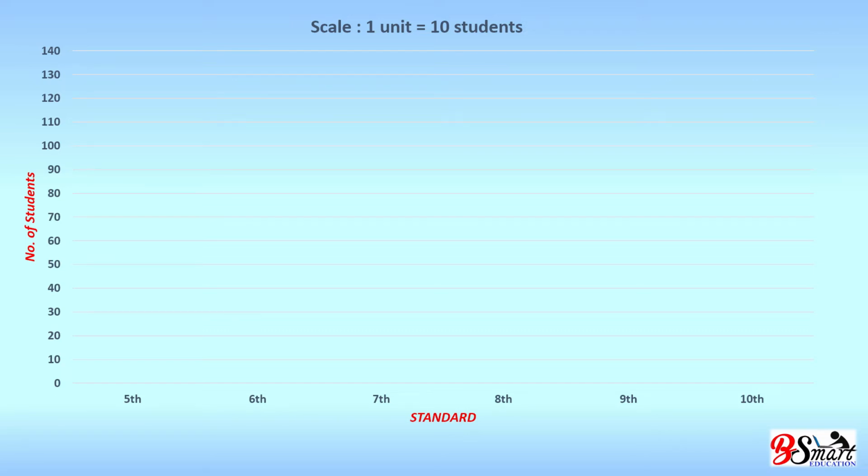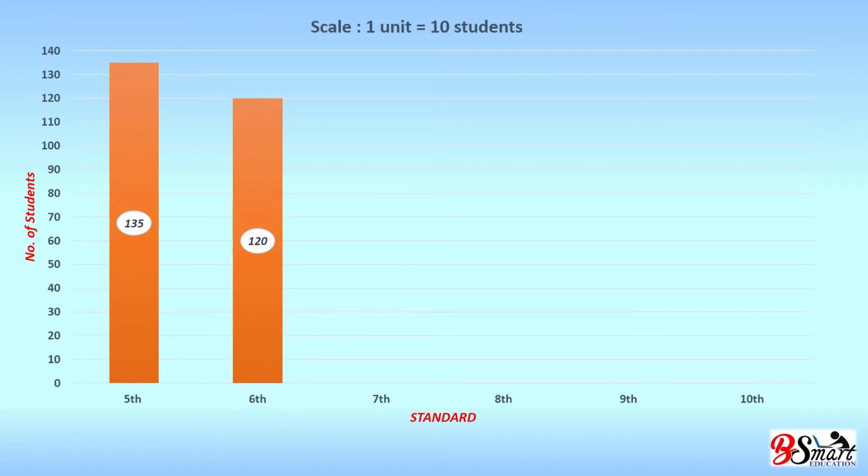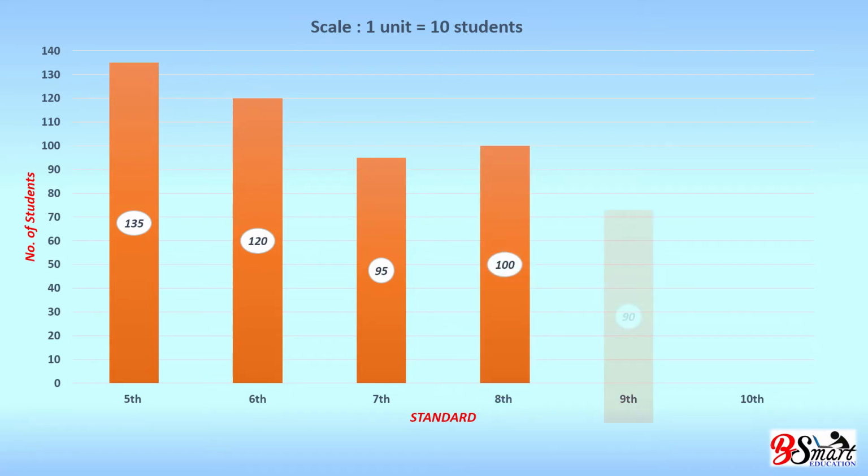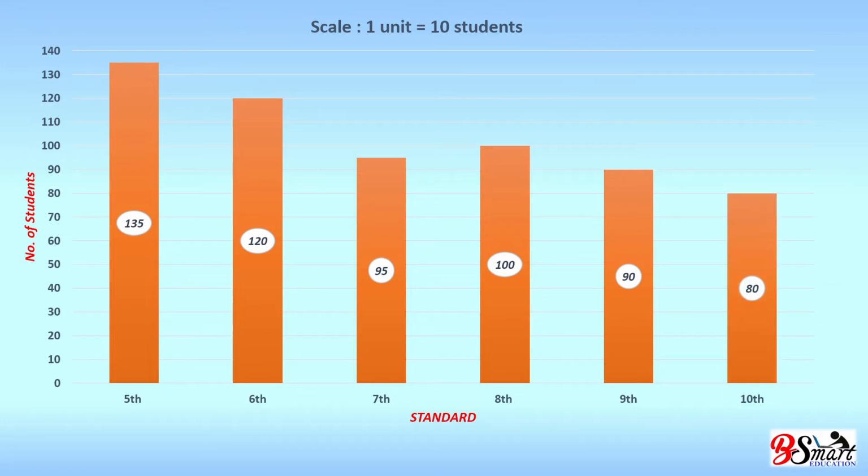X-axis represents standard and y-axis represents number of students. Scale is 1 unit is equal to 10 students. Class 5th, we have 135 students. We will draw a bar graph like this. Same way we will draw for class 6, 120 students, class 7th 95 students, class 8th 100 students, class 9th 90 students and class 10th has 80 students.